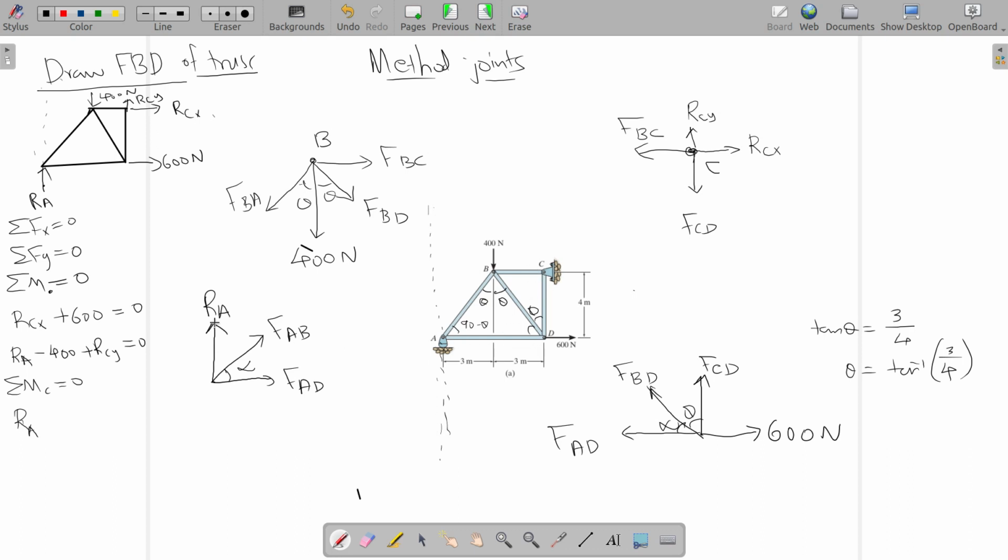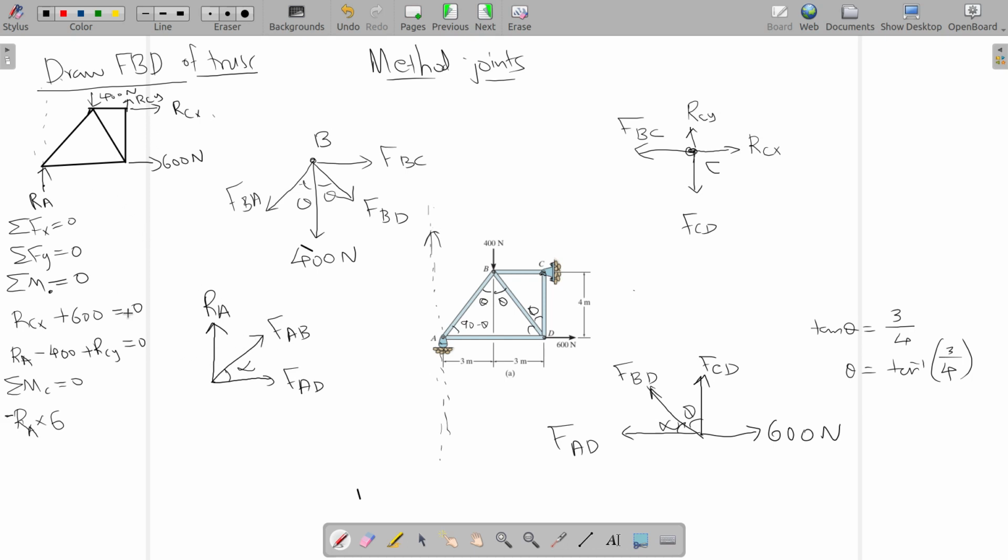That will be 3 plus 3, 6. So RA into 6. So that is about C. About C, RA is trying to rotate the whole structure about C in clockwise direction. So we will take it as negative. So clockwise direction moment is negative.